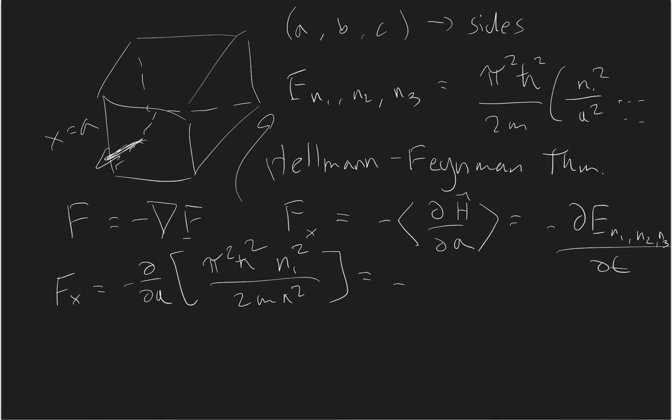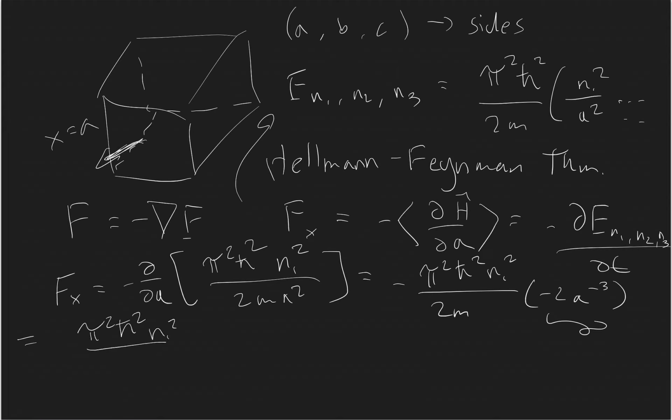So give us the negative of pi squared h bar squared n1 squared over 2m, times a to the negative 2, of course, with the product rule of differentiation, and this would then give us pi squared h bar squared n1 squared divided by m a cubed.